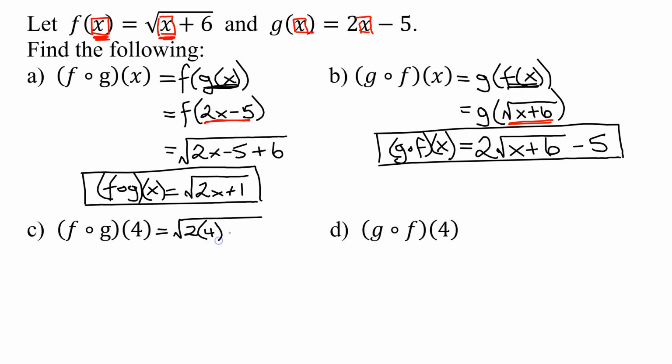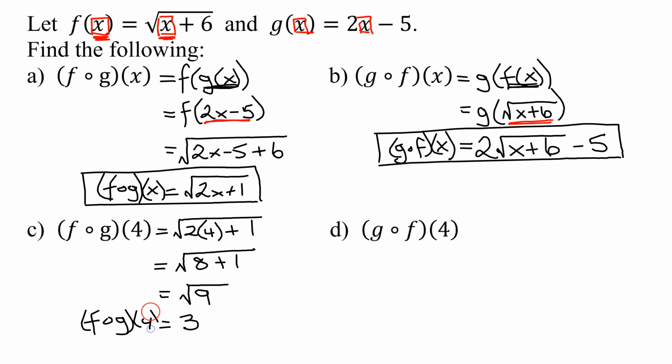So it's 2 times 4 plus 1. So I'm going to get the square root of 2 times 4 is 8 plus 1, which equals the square root of 9, and the square root of 9 is 3. So f composed with g at 4 is equal to 3.